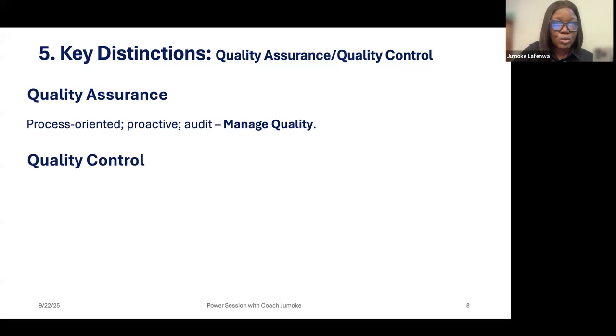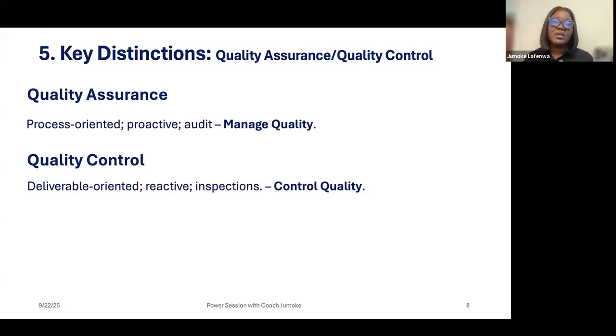And then you have the quality control. How are you controlling the quality that you have agreed to for your end products to deliver? I said controlling quality has to do with deliverable. It means you have produced something, and that thing that you have produced, you are checking that it meets the quality standards or requirements that you agreed to during the plan quality process.